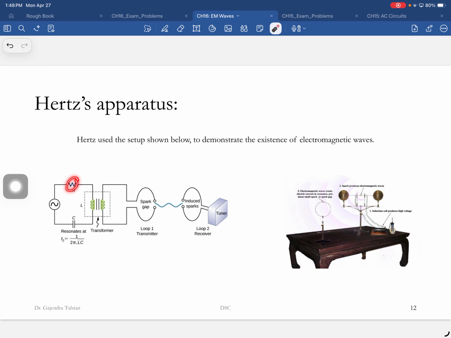Let's say we stand here, we measure the electric field and we measure the magnetic field. The ratio of the electric field to magnetic field is equal to the speed of light. That's true for the maximum value of the electric field divided by the maximum value of the magnetic field too. So at every instant, the ratio of E to B fields is equal to the speed of light.